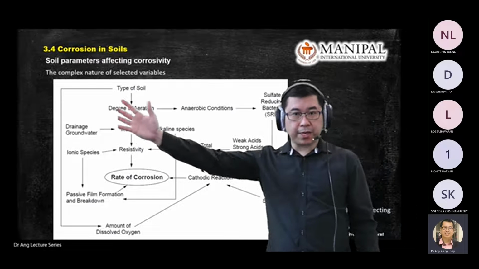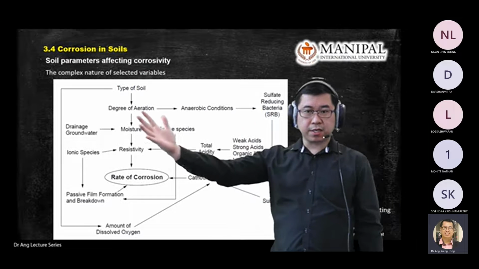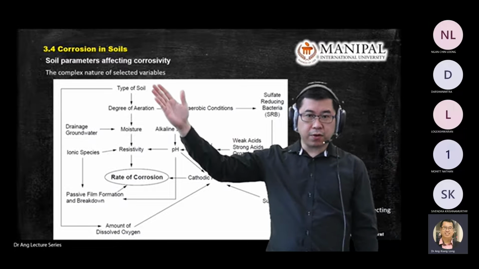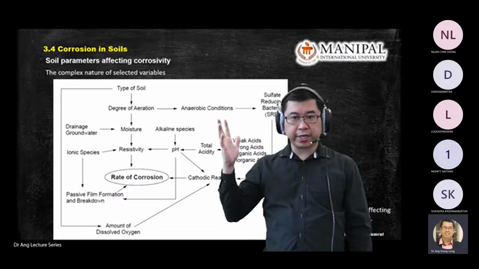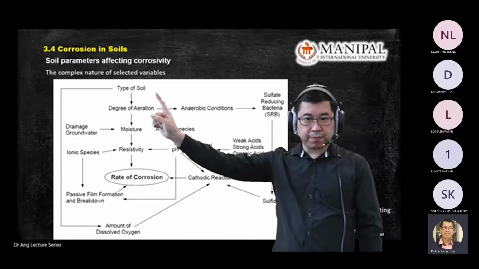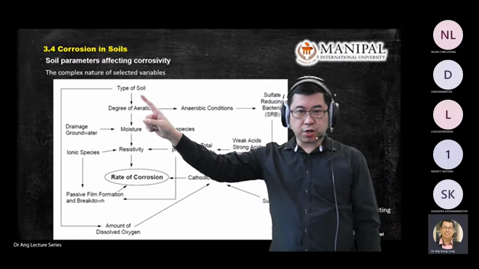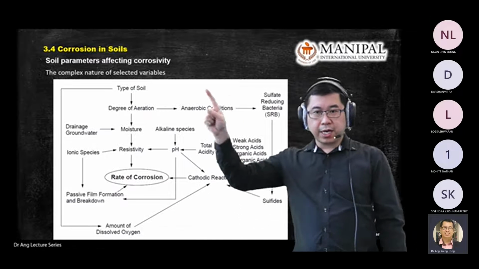Next, we talk about soil parameters that affect corrosivity. This is a simplified diagram for the nature of corrosion, how corrosion can happen in soil. We start from the top. I think this will help for your revision also.